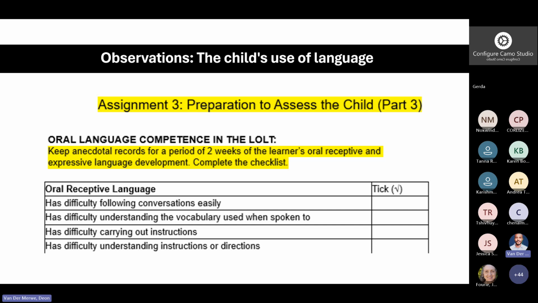Now, the student's native language is an important consideration, especially within the South African context and in today's culturally diverse school population. And so you ask yourself, does the learner use non-standard English at home?